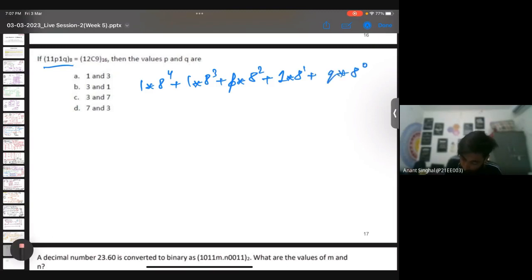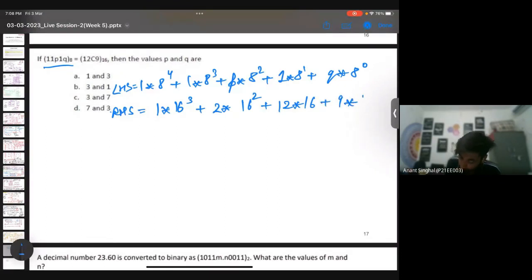If I try to write the LHS in the same manner, it is nothing but 1 into 16, 0 into 3, then 2 into 16 square. So these two are same. We can directly see, and then C is nothing but ABC, so 10, 11, 12. So 12 into 16, and then plus 9 into 16 to the power 0.